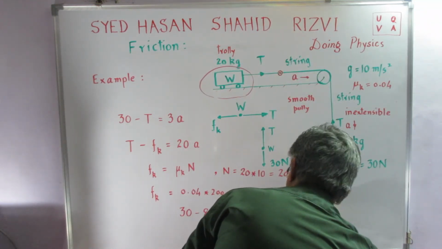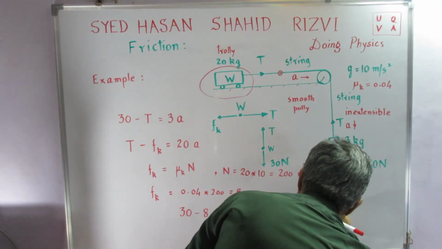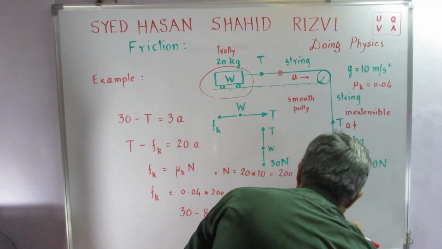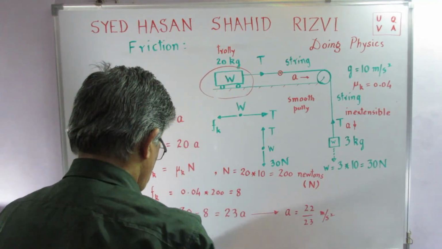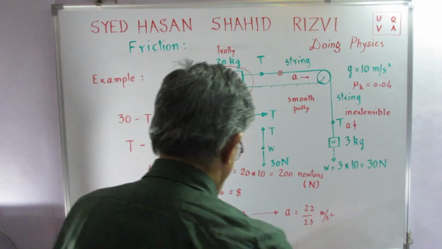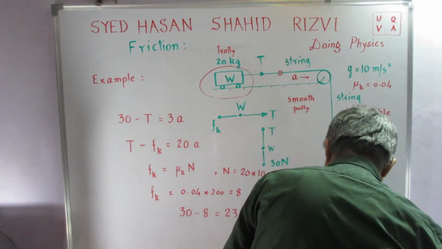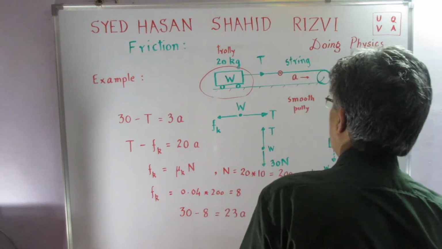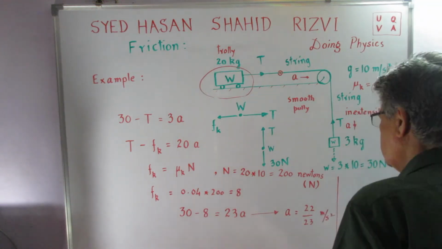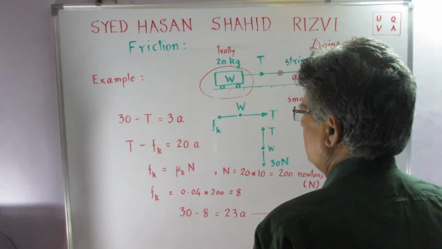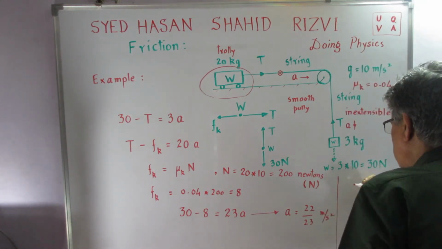A is equal to 22 divided by 23 meter per second square, which of course we can calculate. Then we calculate the value of T, and if we substitute this value here, the value of T we can find as equal to 27.1 newtons.